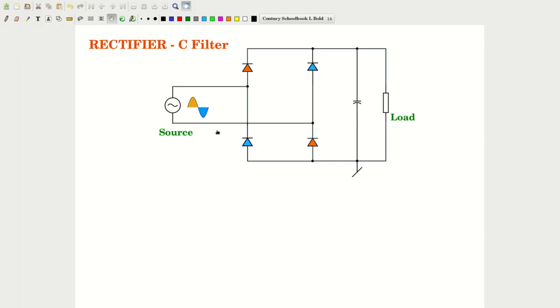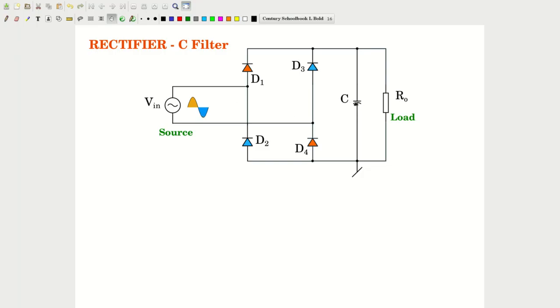So we have the full bridge rectifier and the capacitor connected as a filter across the load. Now let us name the parts. We'll call the input source Vin. Diode D1 and diode D4 conduct during the positive half cycle of the input. Diode D2 and diode D3 conduct during the negative half cycle of Vin.